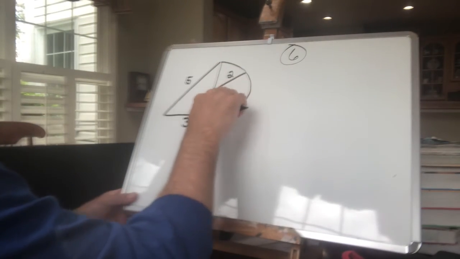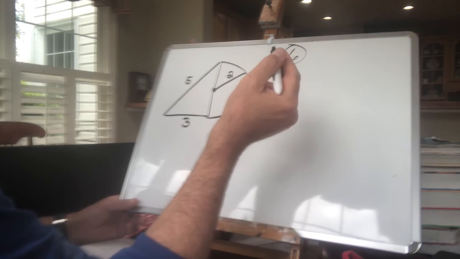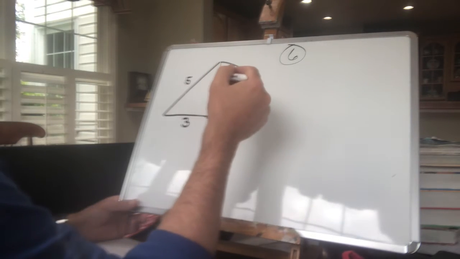Now I need to find the area of the semicircle. The formula for the area of a circle is pi r squared. I know what the radius is. It's 2.